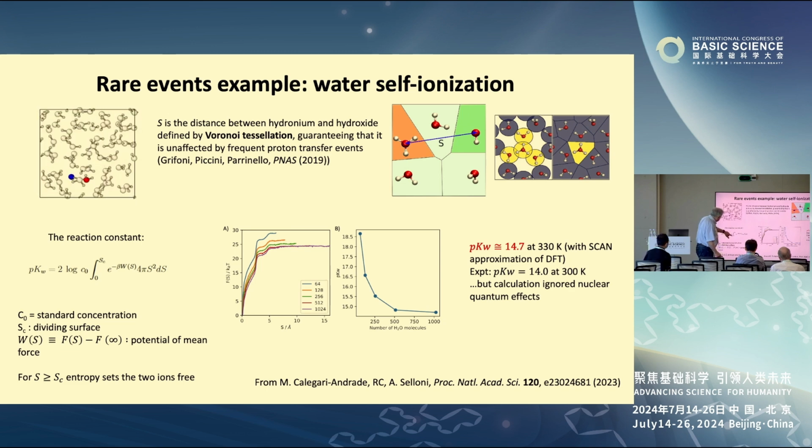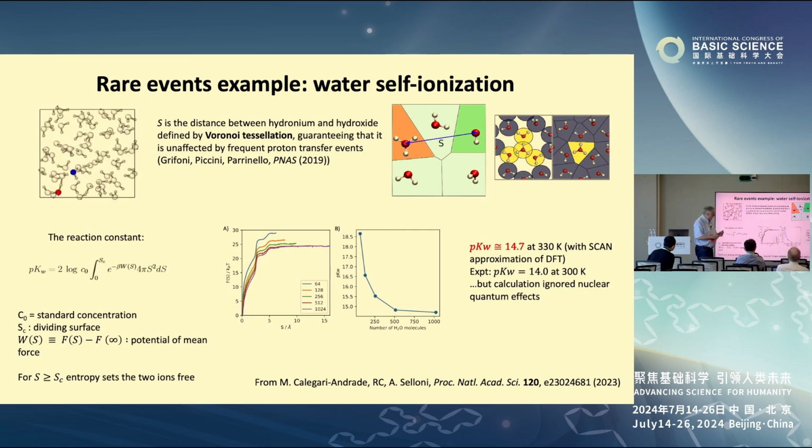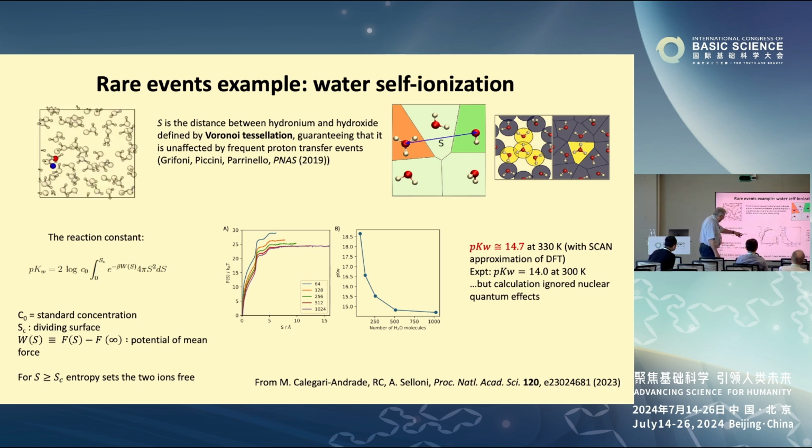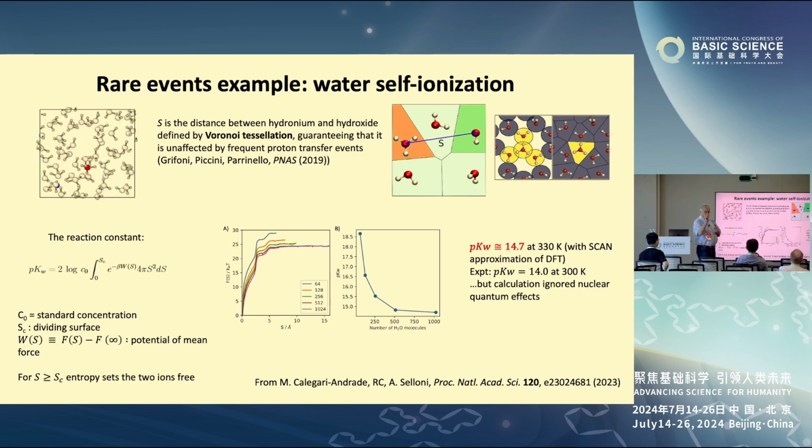And this integral goes from 0 to the dividing surface between reactant and products in this reaction. By doing this calculation, we can determine what is the value of C, that is when this thing becomes constant, because there is this factor S squared in this integral that represents the entropic contribution, the fact that this object is not just in one direction, but it can have any direction in space.